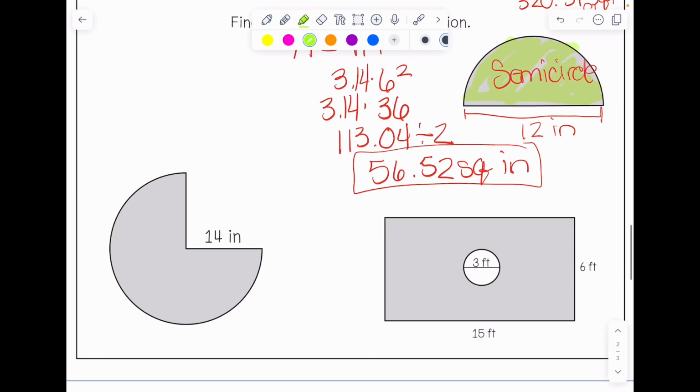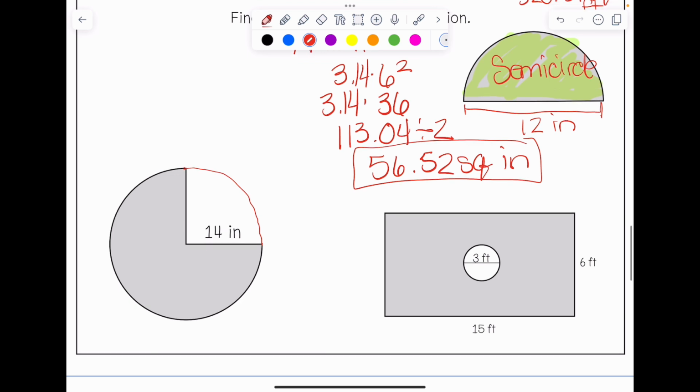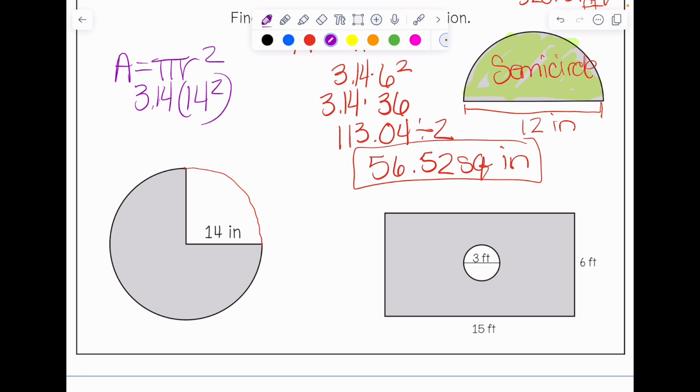All right, so when we look at this next example, again, we're going to take into consideration what we see. So right now, you could view this problem a couple of different ways. I see 3/4 of a circle. So first I'm going to do some math to figure out what the area of a full circle would be. So again, we're going to use our area formula, pi r squared. My radius is 14. So I'm going to take 3.14 times 14 squared. 14 squared is 196.